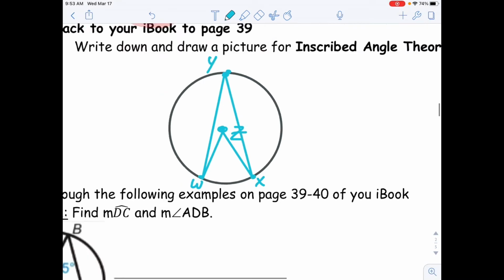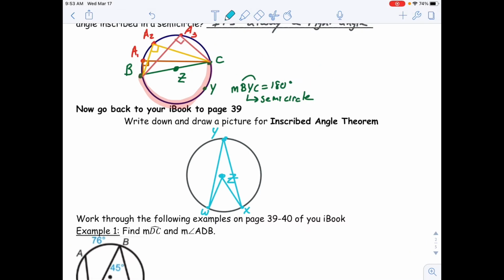Just to put it in simple math terms, the measure of angle WYX, which is inscribed, is equal to half the central angle, the measure of angle WZX.